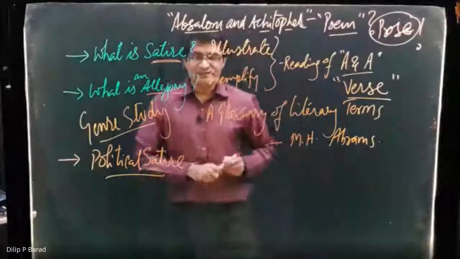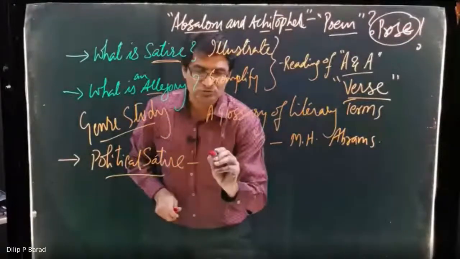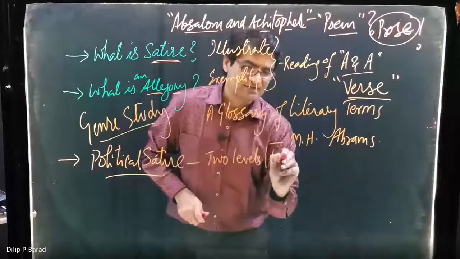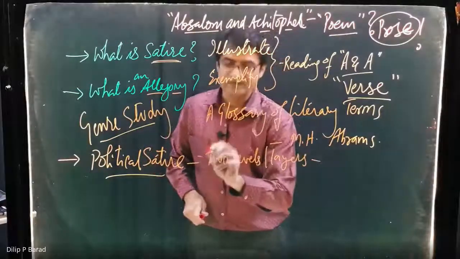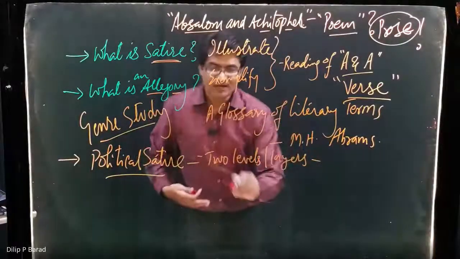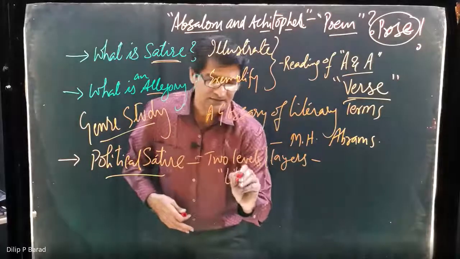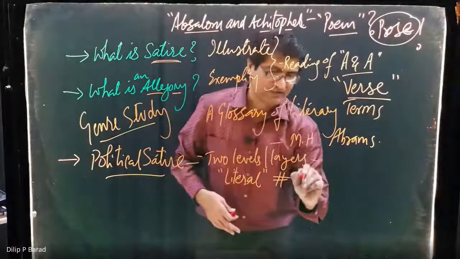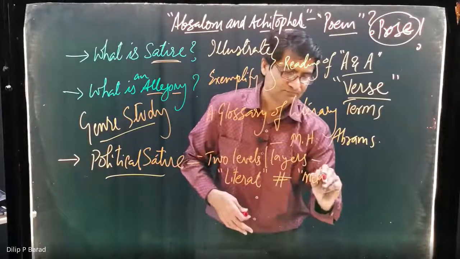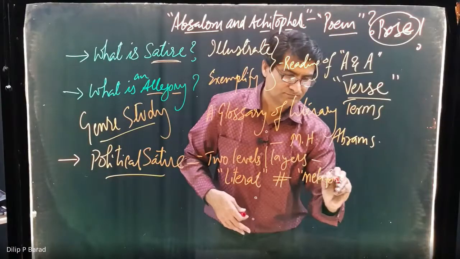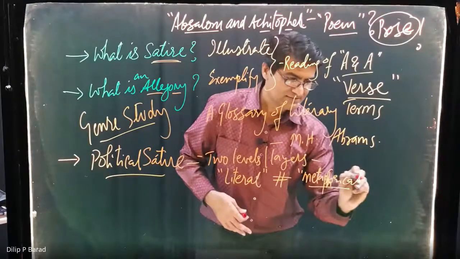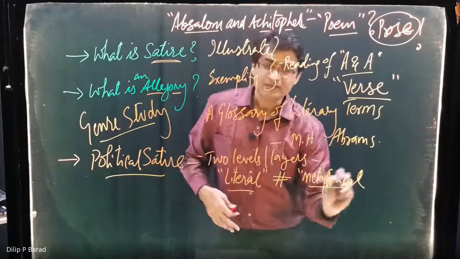So we can say that there are two levels, or layers, where the narrative is happening. One is literal, and the other one is metaphorical.